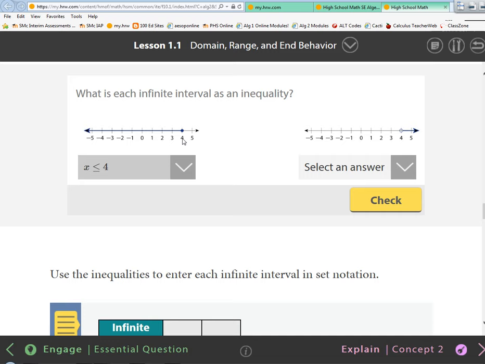For example, 1 is less than 4, so 1 is included. 1 is an x value that works. So this has got to be the one that works. We want all the values of x that are less than 4, including 4 because it's shaded in. Okay?